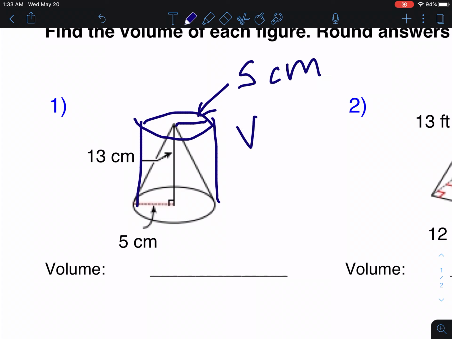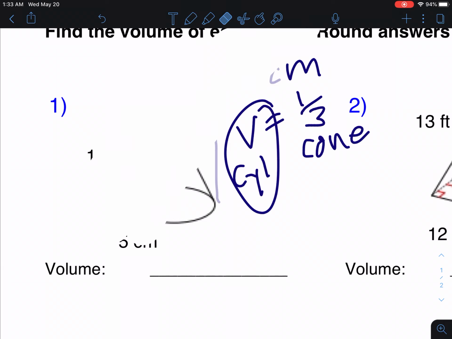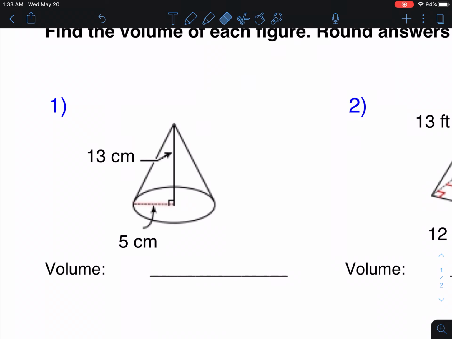If you knew the volume of the cylinder, the cone is going to be exactly 1/3 the size of it. So once you found this one, you could just take that volume and divide by 3, and you have the cone. So I'm going to go over that with a couple of these.